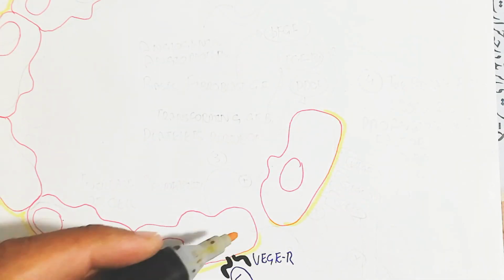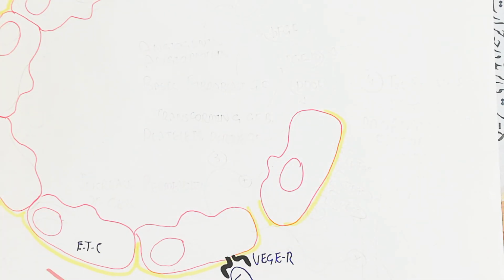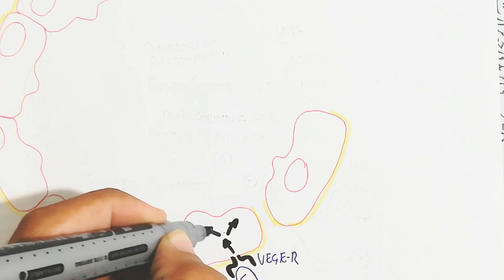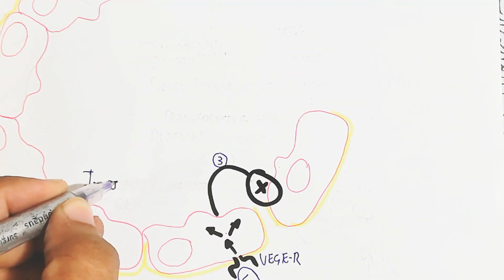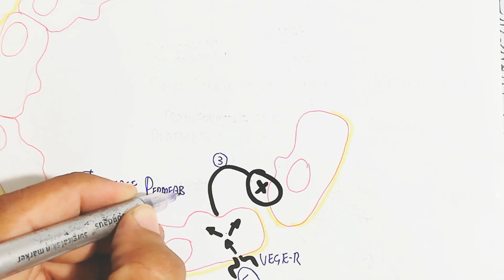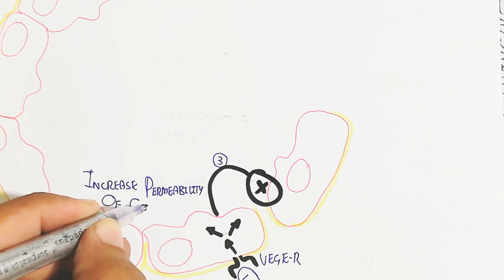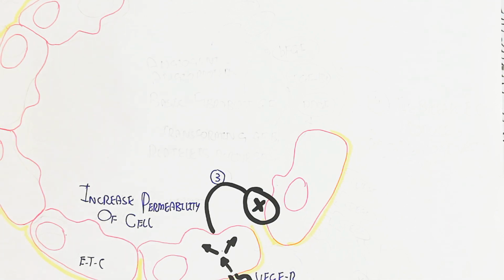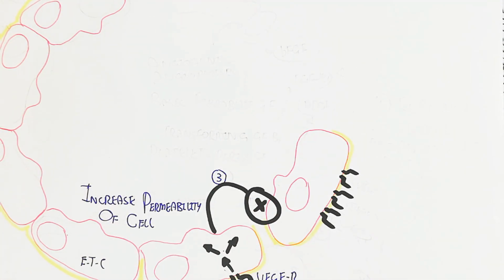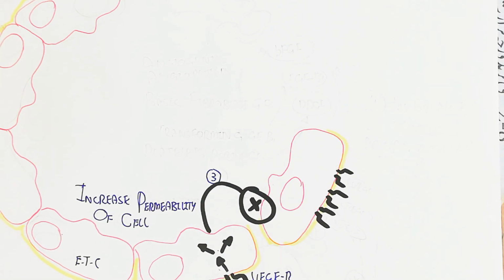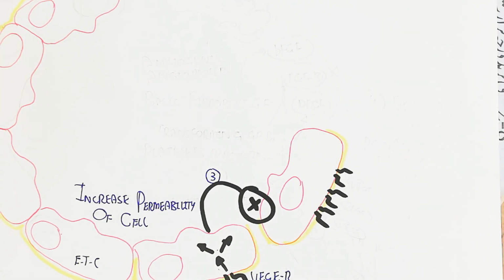After this increase in permeability, VEGF binds and leads to the production of breakdown factors that release more VEGF from the extracellular matrix, which binds more with the endothelial cell. This leads to more extracellular matrix breakdown and produces pro-angiogenesis factors further.